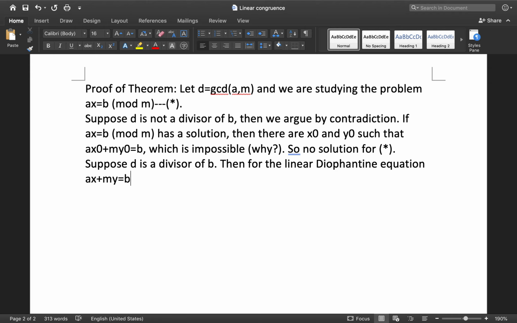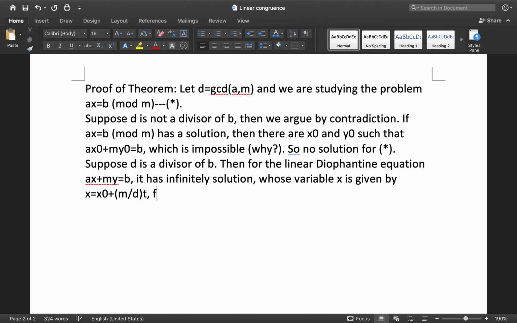Remember, if D is a divisor of B, then we learned that this linear Diophantine equation must have infinitely many solutions, and in particular its variable x is given by x equals x0 plus m over d times t, for t being any integer.